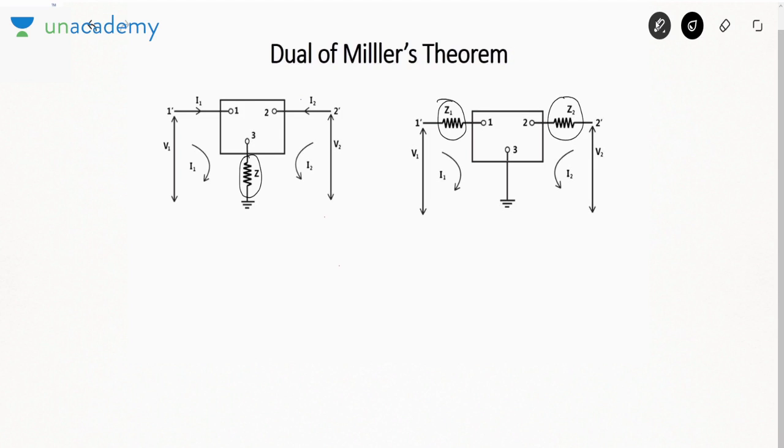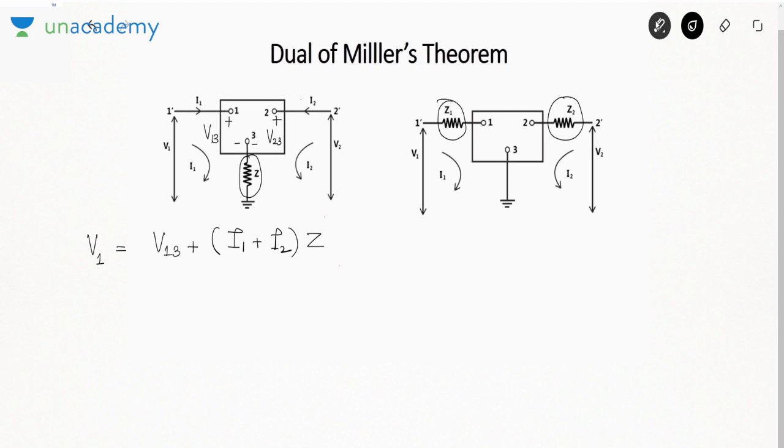For that, I'll first write the KVL equations here. Suppose this voltage is V13, this voltage is V23. I want to apply KVL here. I'll write V1 equal to V13 plus (I1 plus I2) Z. The current in impedance Z is I1 plus I2.